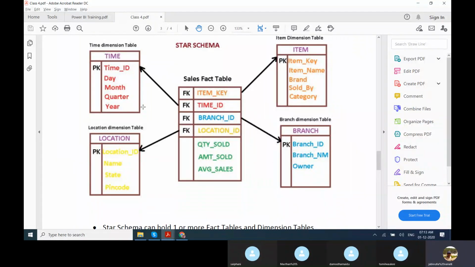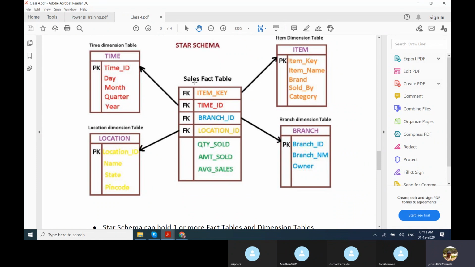So what will happen? Here the foreign key will be there. So all customer details and all customer sales details will be here. All order details will be maintained in the fact table. That's the reason why it is called a fact table.